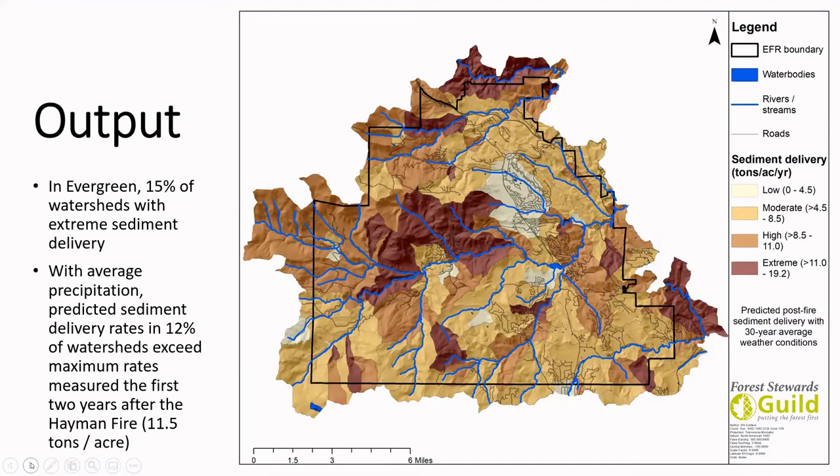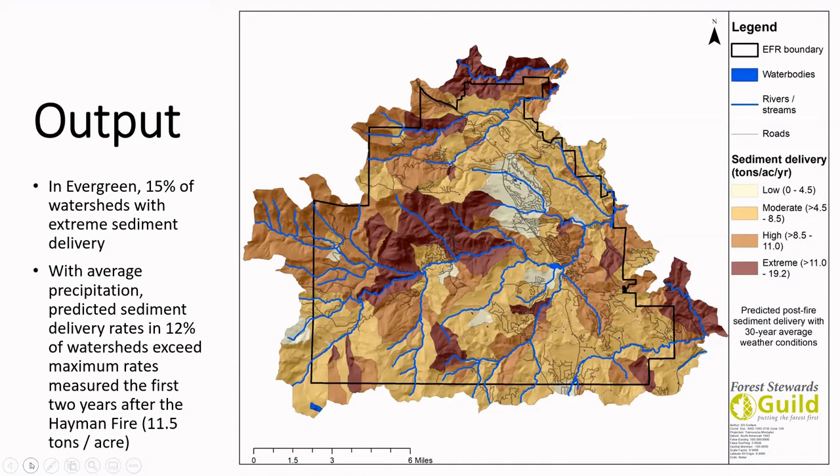We had to come up with different bins to categorize erosion as low, moderate, high, and extreme. In order to do that, we looked at measured soil erosion from fires that occurred in the area where there was post-fire erosion, and we used that to set the threshold, particularly between high and extreme.